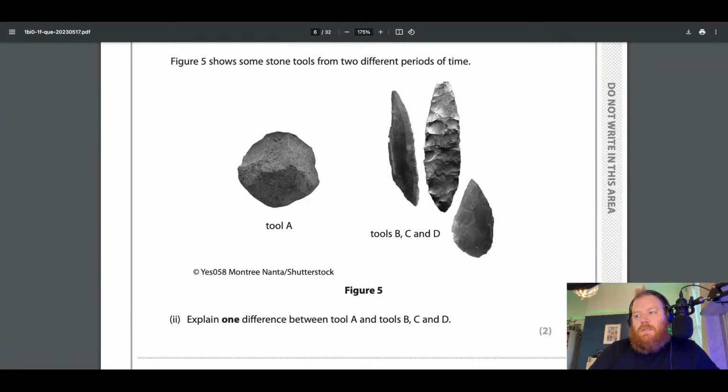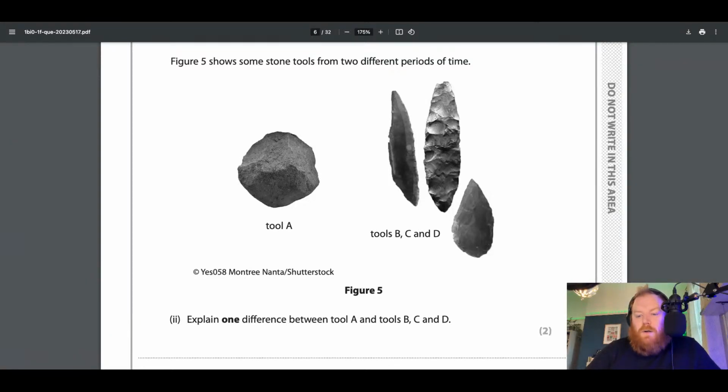We've got a range of tools, and they want to know why there are differences between tool A and B, C, and D. For those of you on TikTok, do get over to YouTube and you'll see this question.